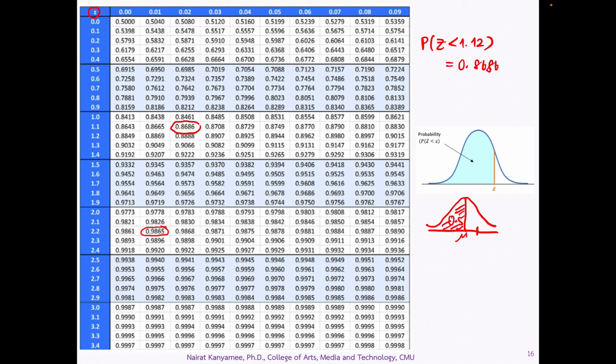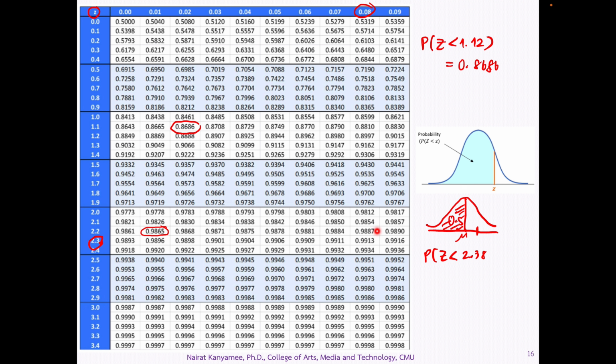Or, find the probability of z less than 2.38. 2.3 is here and 0.08 is here.